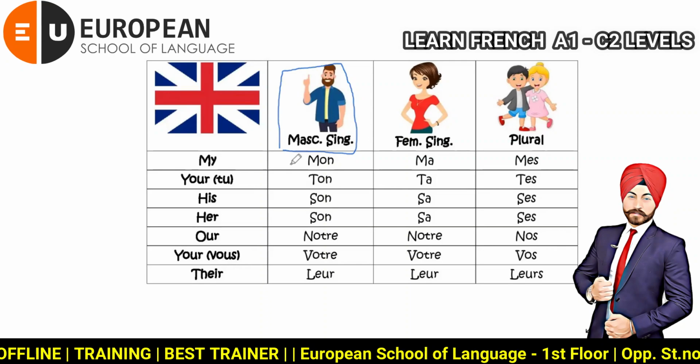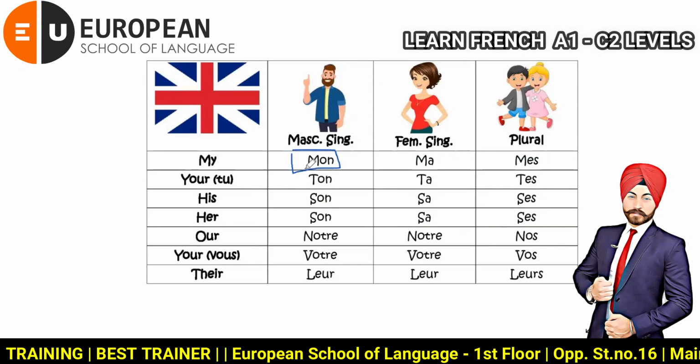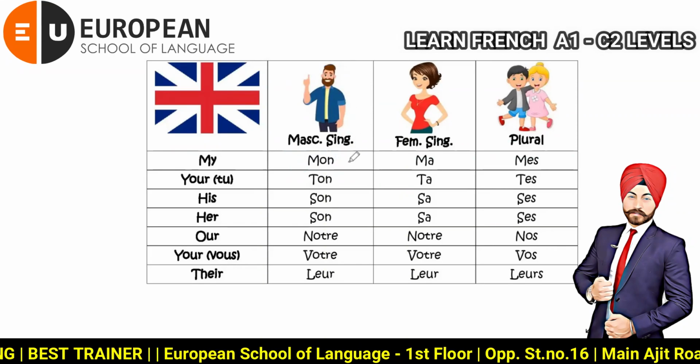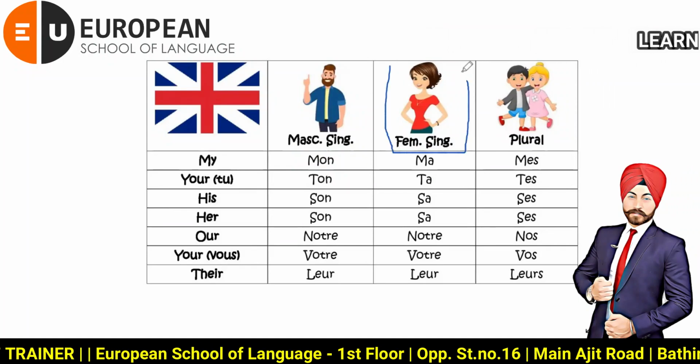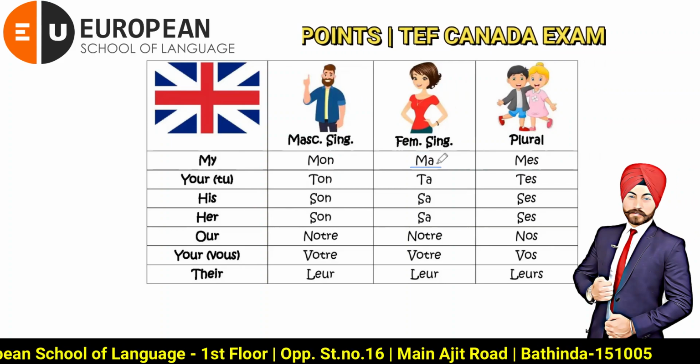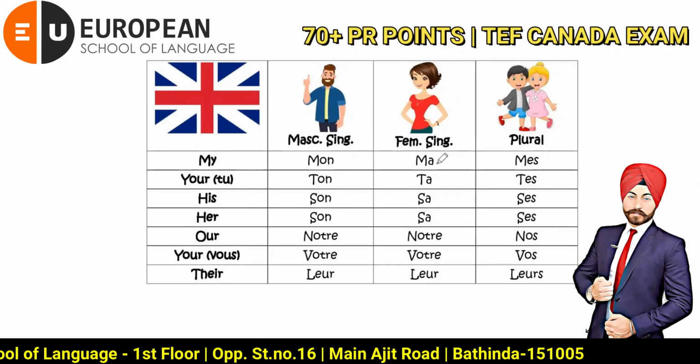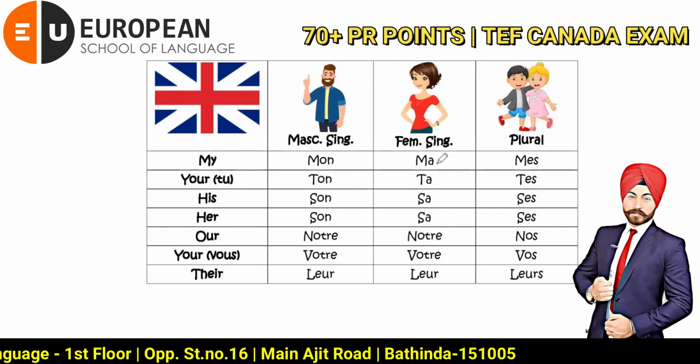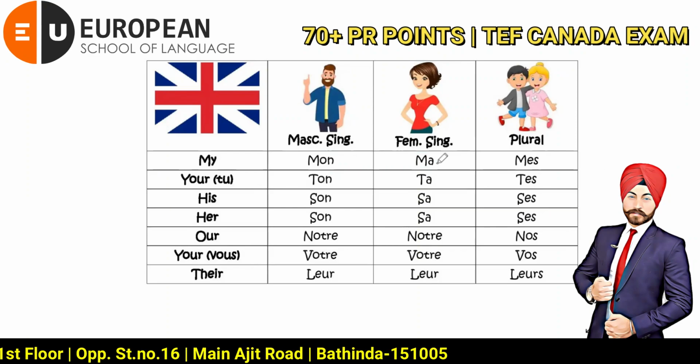Yes, so that's why we will use mon. If I will say she is my mother, then we will use feminine. This is ma. If I wanna say okay, these are my dogs.